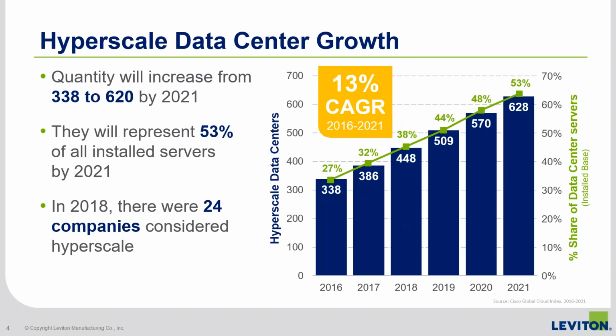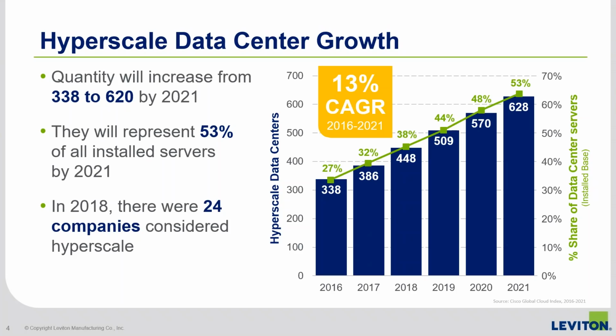Next, let's dive a little deeper into hyperscale data centers. This is also from the Cisco Cloud Index. Cisco defined what they view as hyperscale companies. I'm not going to go through that definition here, but it's based on various factors, including sales, number of employees, and so forth. As of last year, they identified 24 companies that they considered hyperscale. Those 24 companies had, as of 2016, 338 different data center locations.